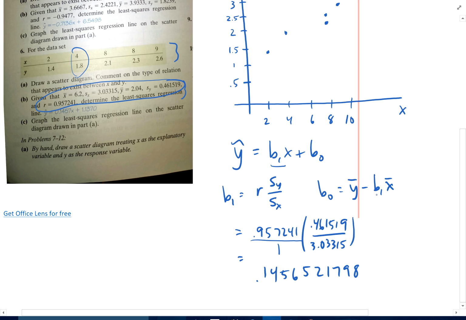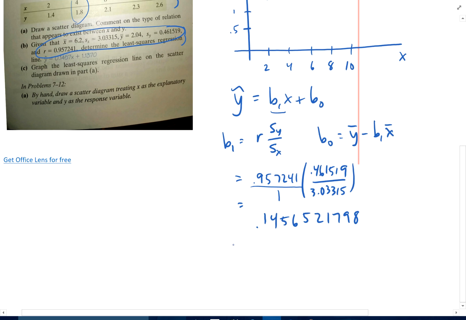And then I'm going to plug that in here for b0. So b0 then will be y bar, which is 2.04, minus this guy, 0.1456 times x bar. And then x bar is 6.2.